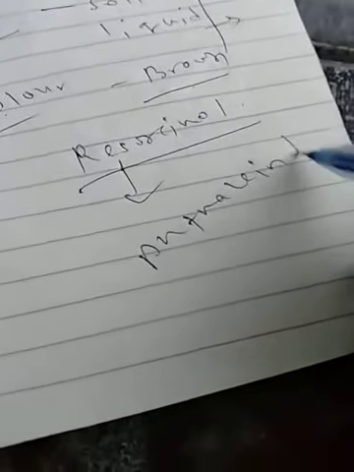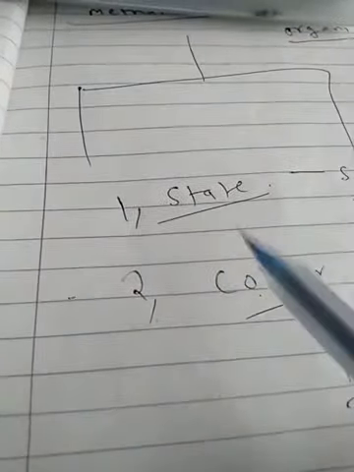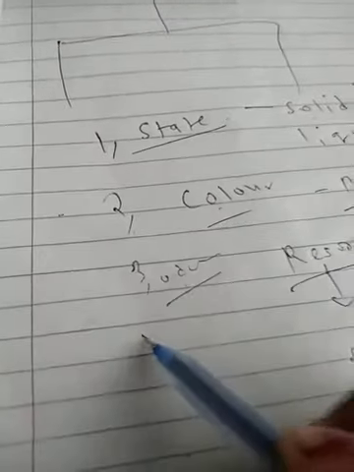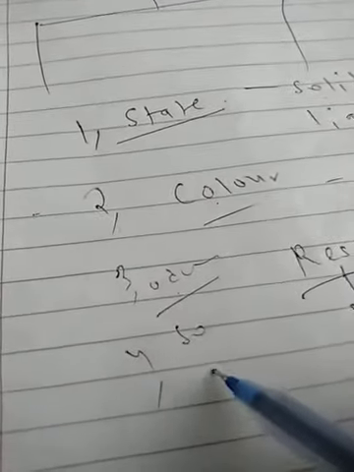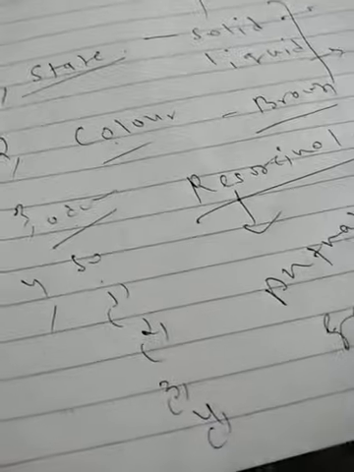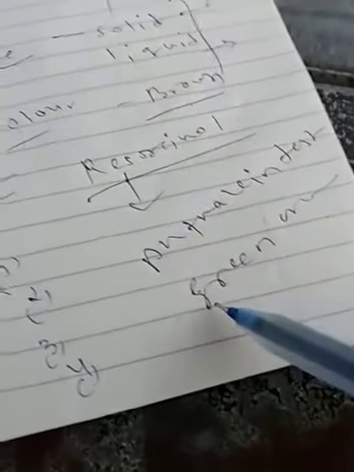You have to do the test which you performed, and you got green orange fluorescence. Then you know the steps: state, color, odor. If you are not following that, simply write the solubility test, that is in water, then sodium bicarbonate, then HCl and NaOH. On this basis, you can easily find resorcinol.